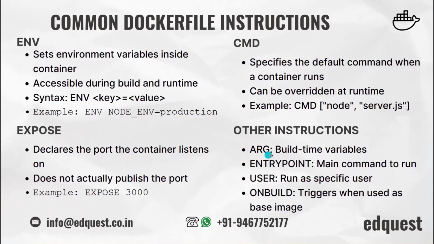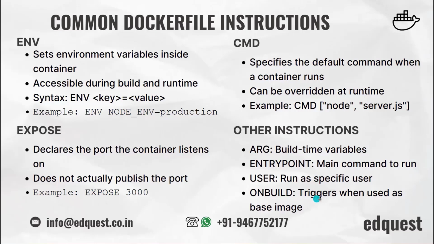There are also a few other useful instructions you should know about. ARG is used to define build-time variables, values that you pass only while building the image. ENTRYPOINT defines the main command to run when the container starts. Unlike CMD, it's not overridden easily. USER specifies the user that the container should run as instead of the default root user.